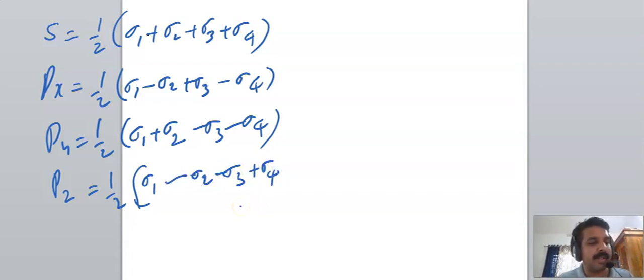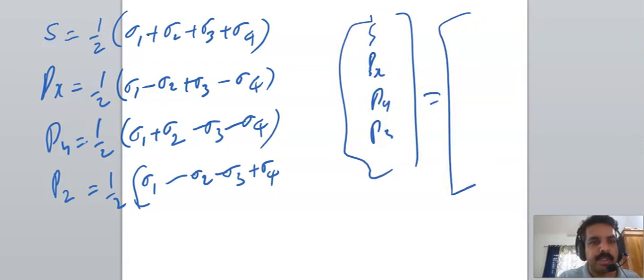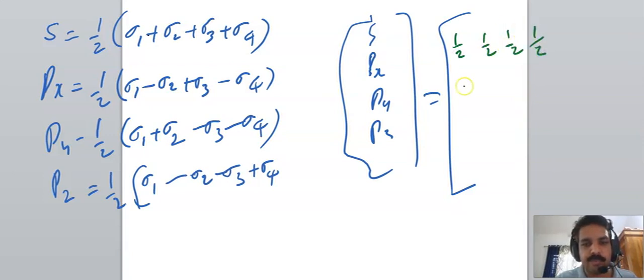This can be written in matrix form: s, px, py, pz is equal to a matrix whose first row is 1 by 2, 1 by 2, 1 by 2, 1 by 2. The second row is 1 by 2, minus 1 by 2, 1 by 2, minus 1 by 2.